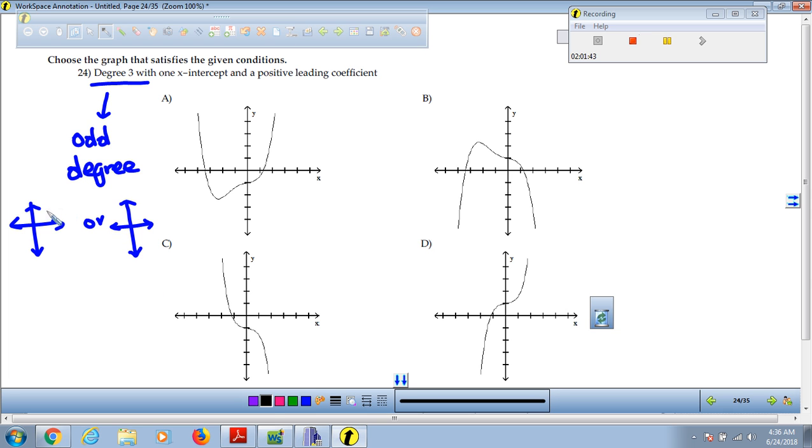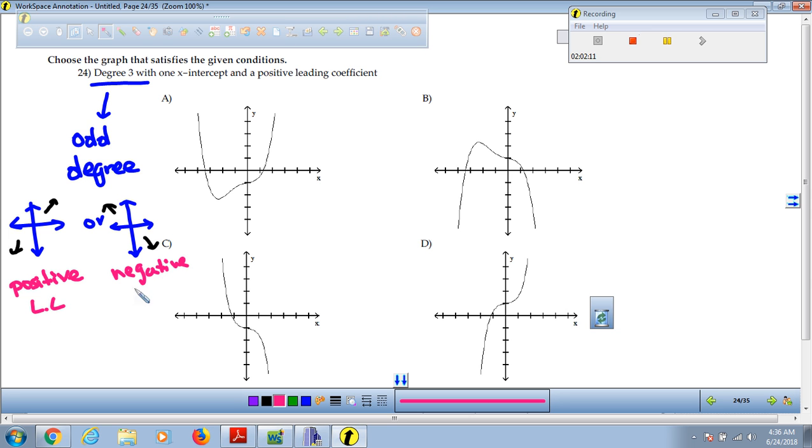So it could be like this or like this, but they're gonna be in opposite directions. With 1 x-intercept and a positive leading coefficient. Okay, so a positive leading coefficient, it's going to be this. Positive, and this is a negative.